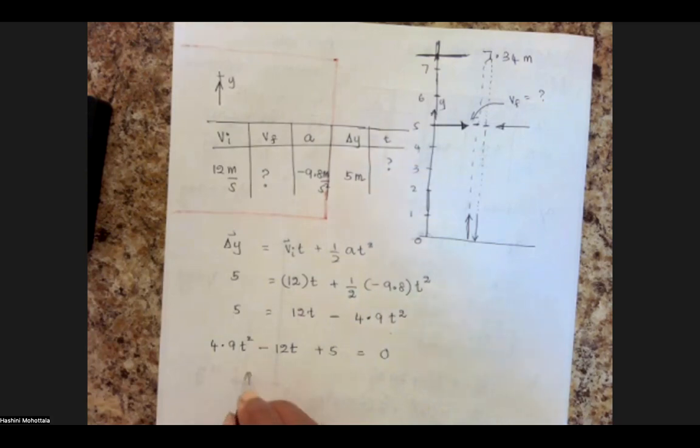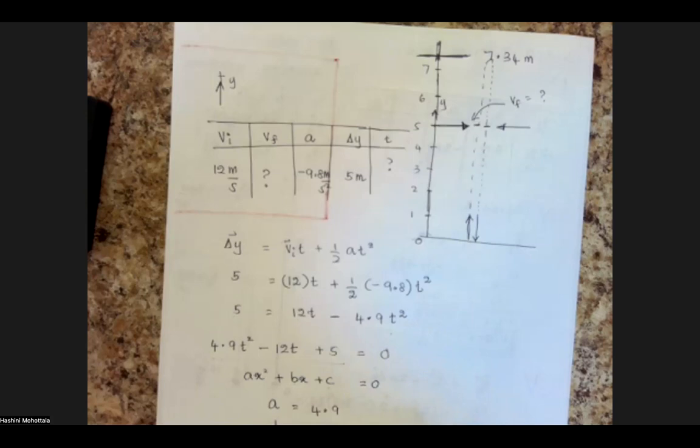This has the form ax square plus bx plus c equals 0. That's the form of this equation. So if you compare, a appears as 4.9, b appears as negative 12, and c appears as 5.